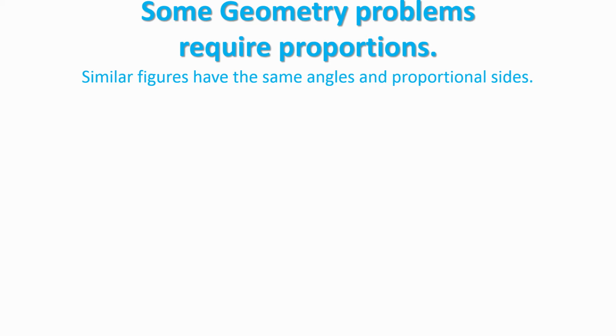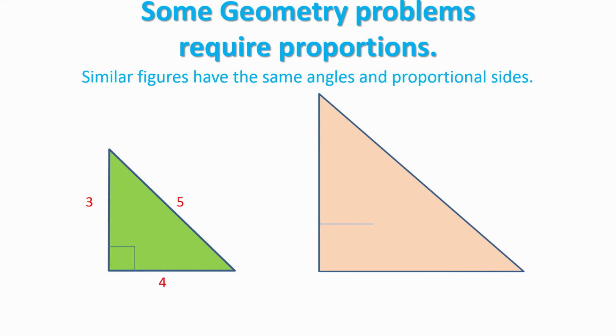and proportional sides. So for example, if we have a triangle with sides 3, 4, and 5, and another triangle with sides 6 and 8, and we don't know the third side, well, of course, you know that's a Pythagorean triplet. But if you didn't, you would do it with a proportion.